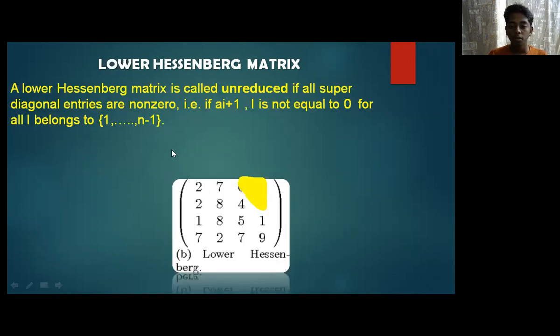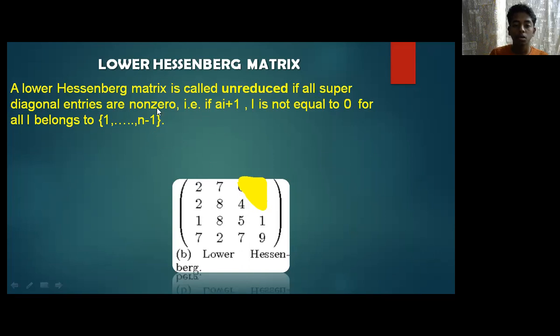Coming to the lower Heisenberg matrix, a lower Heisenberg matrix is called unreduced if all superdiagonal entries are non-zero. That is, if A(i, i+1) is not equal to 0 for all i belonging to 1 to n minus 1.